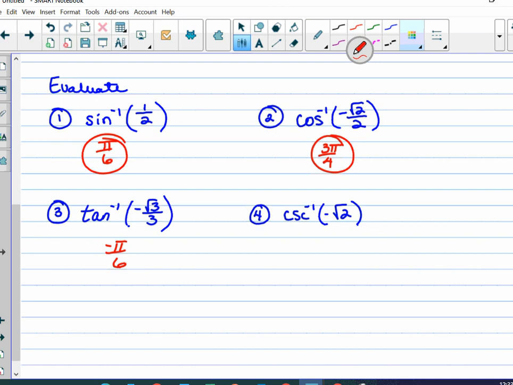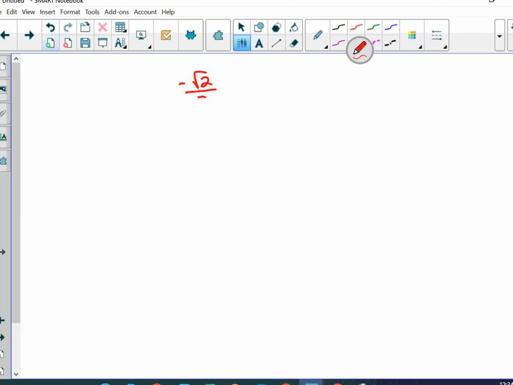All right, guys, what do we get? Negative pi over 4. Cosecant is related to what? This is like asking inverse sine of negative root 2 over 2. How is that like that? Well, when I flip, if I do the reciprocal of that, you're supposed to know your trig values coming in.